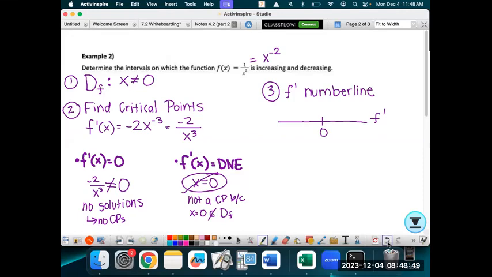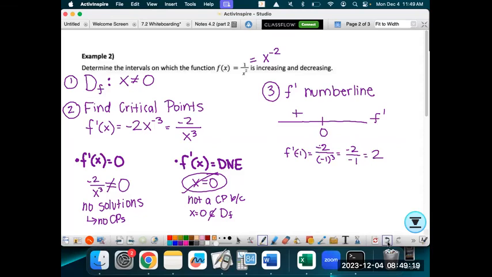I'm going to test numbers from each interval, which it looks like we have 2 in our derivative. So let's try -1. I'll erase my calculations when I'm done. -1 cubed is still -1. I get 2 as a result, which is a positive number.